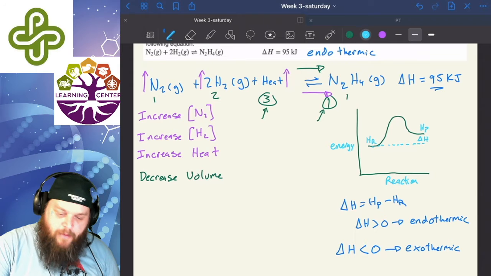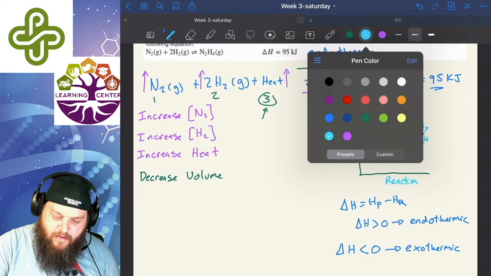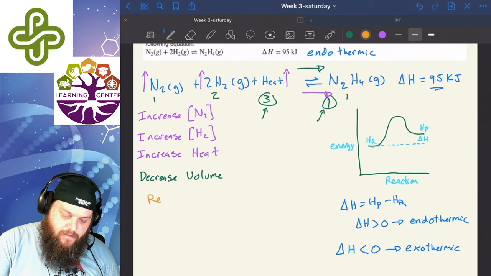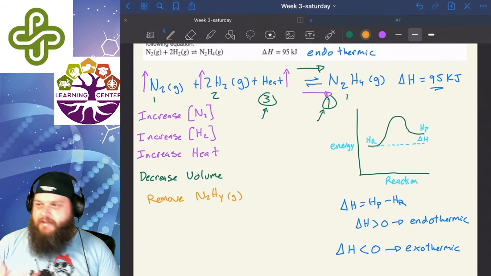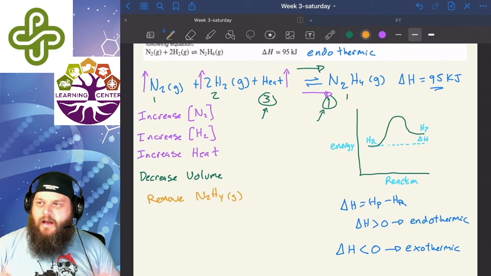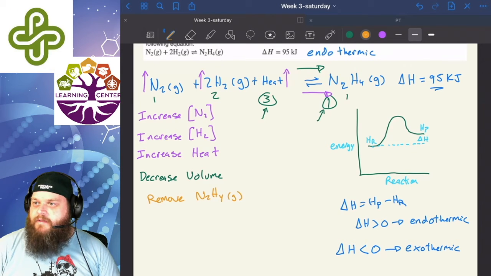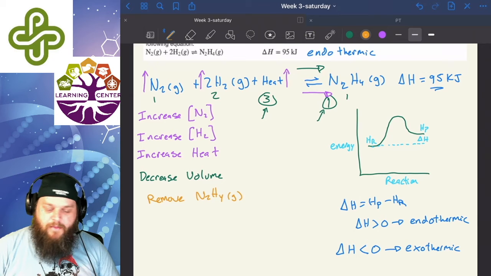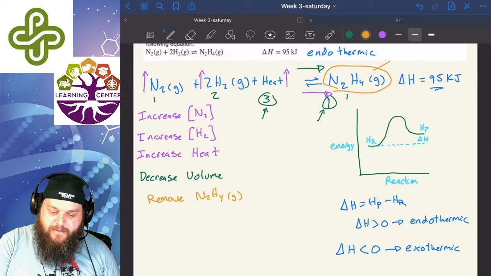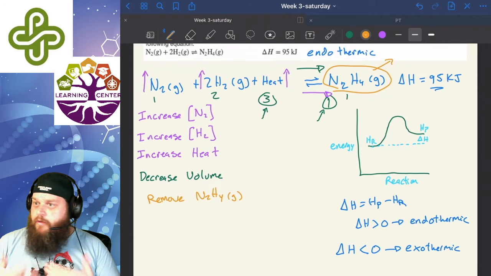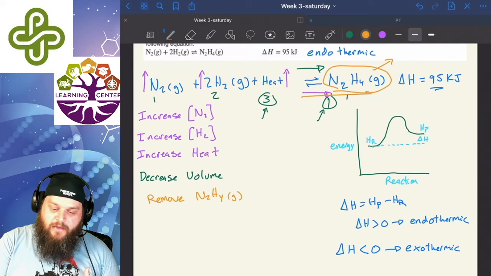And I'll give you a bonus one. This is one that I think of: removing N2H4 gas from the system as it's being produced. How to do that, I don't know. I'll leave that up to someone more knowledgeable than I am. But if you were to find a way to remove it from the system as it's produced, you break that equilibrium and you drive that reaction to completion.